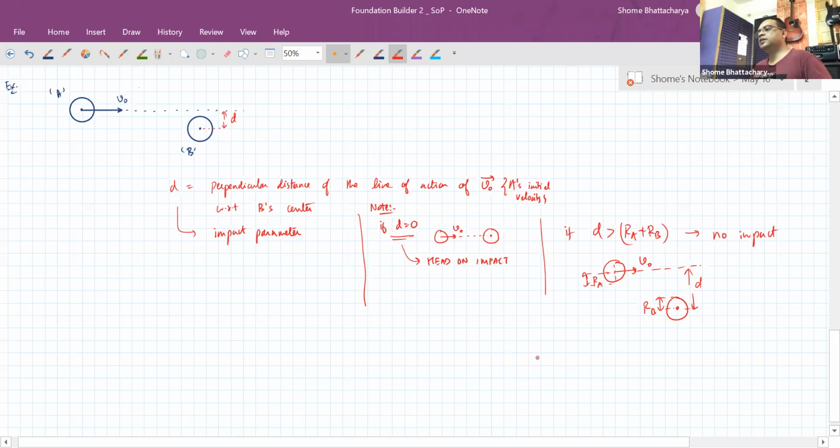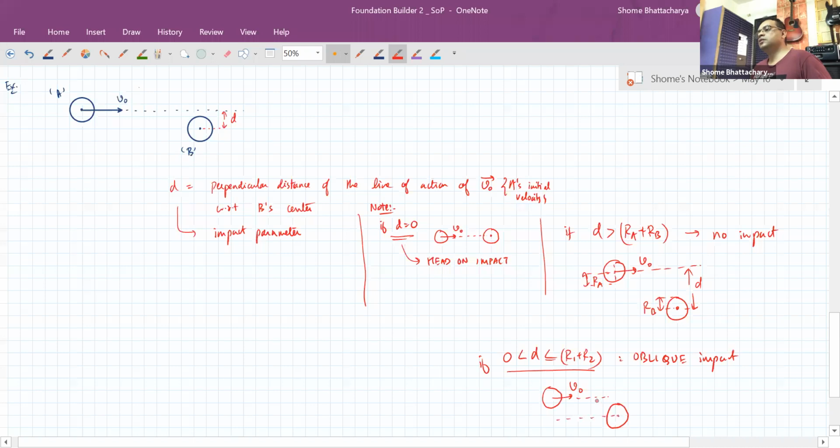But in the case where D is greater than 0 but less than Ra plus Rb, there is an oblique impact. So that is the significance of this term, impact parameter, in an oblique collision.